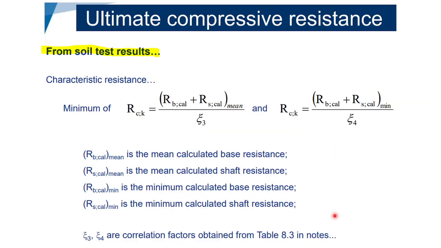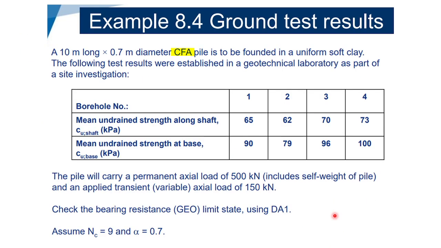Okay, so for example, you have here a 10 meter long pile, 0.7 meter diameter. This is a CFA pile, because we have to check that every type of pile has its corresponding value for the factor.